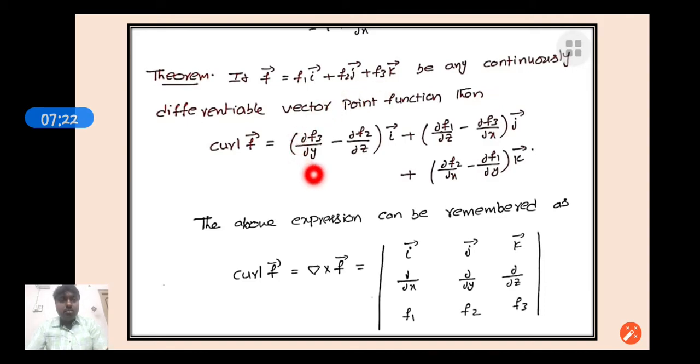This is nothing but the determinant value of this. So I simply write curl f bar equals del cross f bar, which is the determinant of i bar, j bar, k bar; dou by dou x, dou by dou y, dou by dou z; f1, f2, f3.